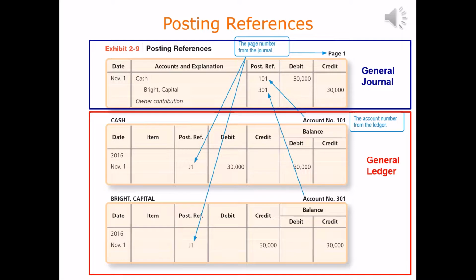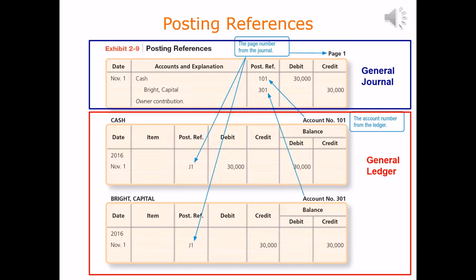The second entry that we need to do is to take Bright Capital and the credit amount and transfer that into our General Ledger for Bright Capital. That $30,000 credit is transferred to our Bright Capital account of 301, that's our account number.